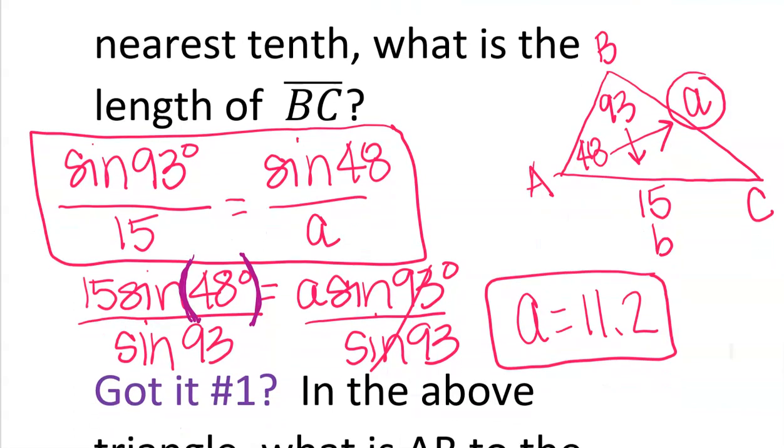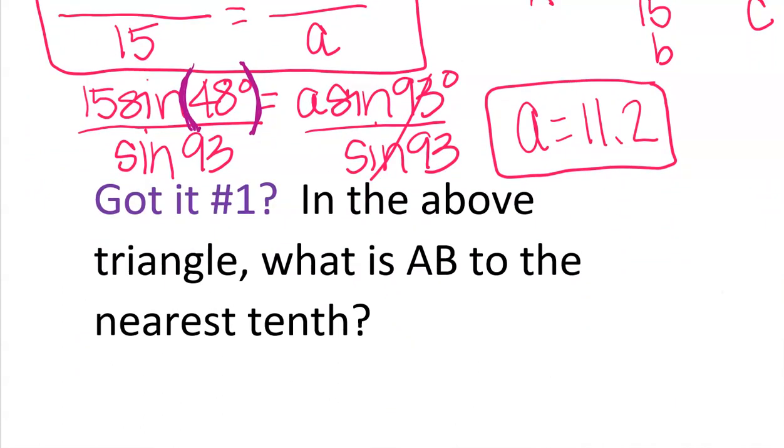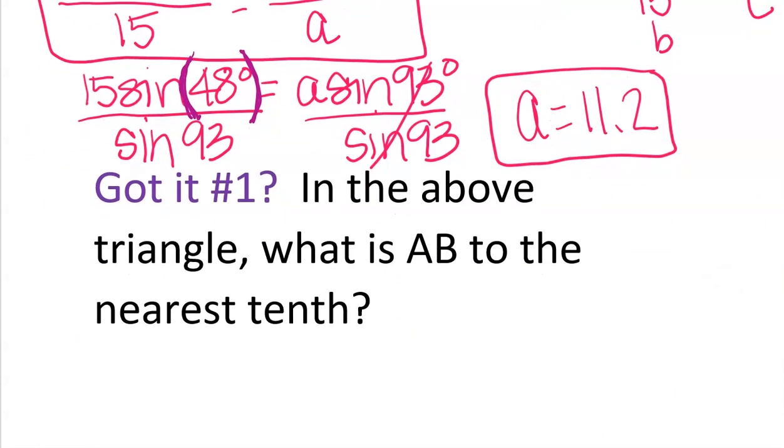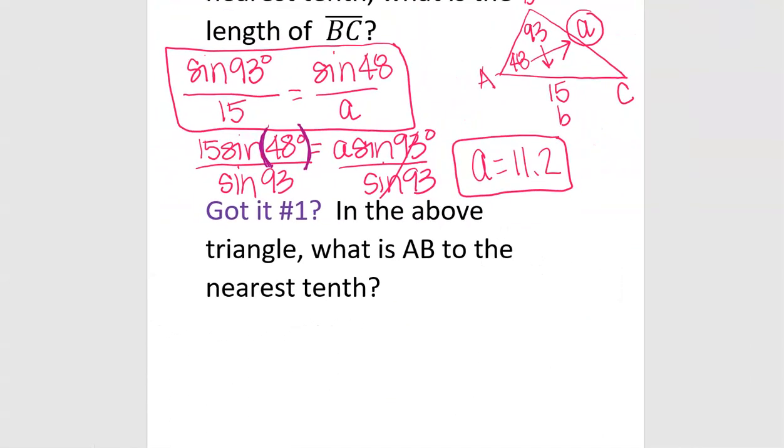Okay, so the next one says, in the above triangle, what's AB to the nearest tenth? So I'm going to shrink it down so I can draw my triangle again.